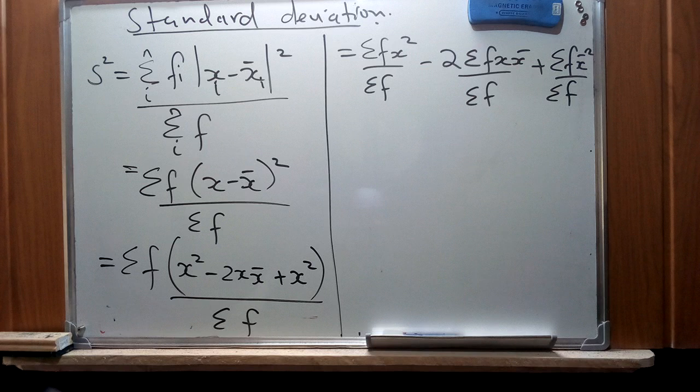So we are trying to expand this formula and see whether we can come up with a simplified form of how we can find what we have defined as the mean square deviation.